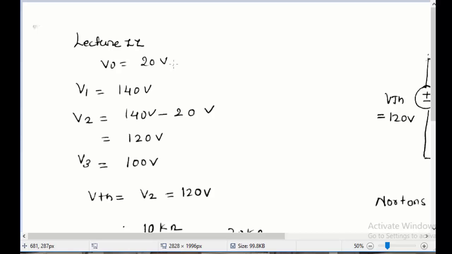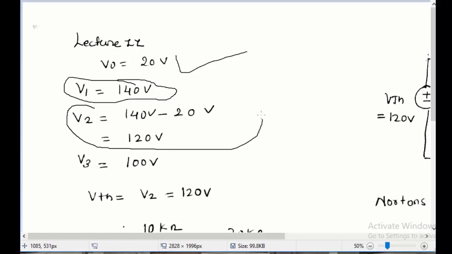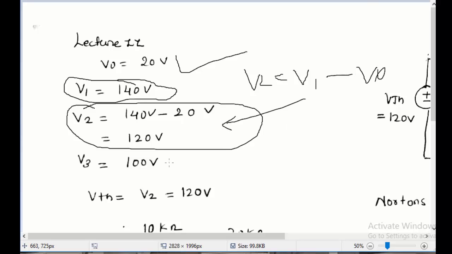Coming to the next, as you have found out V naught, and you already have V1, you will find out V2 from the nodal method as V2 is equal to V1 minus V naught. Then you have V3, which is 100 volt.